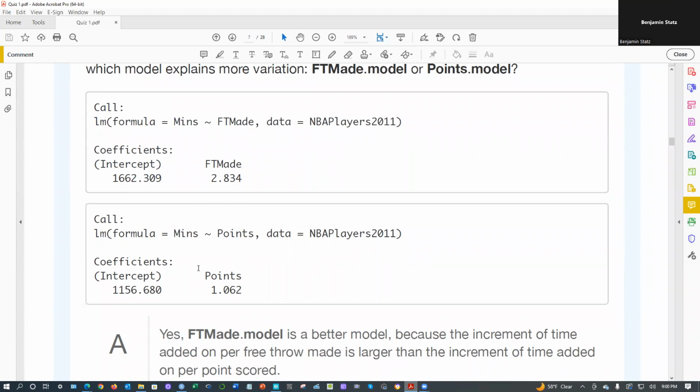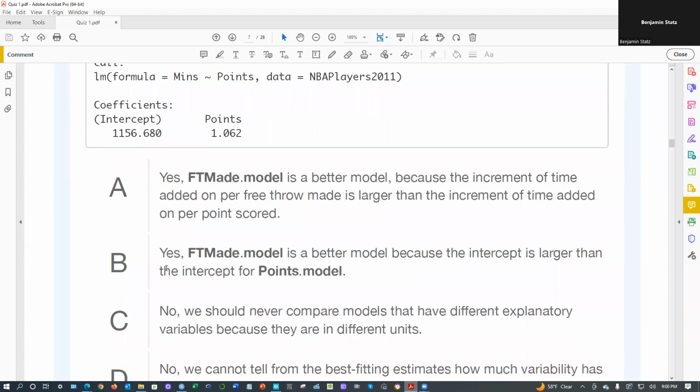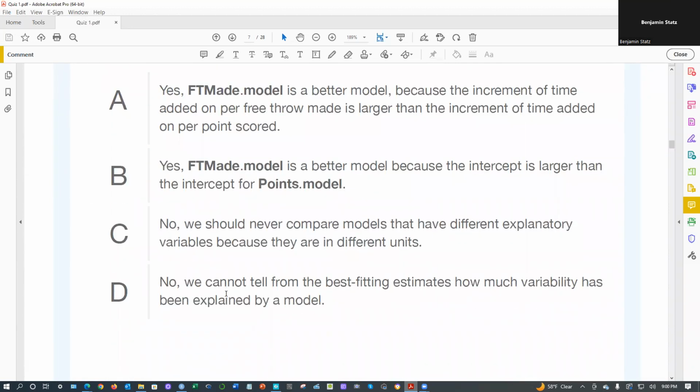You can write the equation for minutes versus points and for minutes versus FT made, but by looking at the equation of the estimated regression line you cannot tell how much variability has been explained by the model.